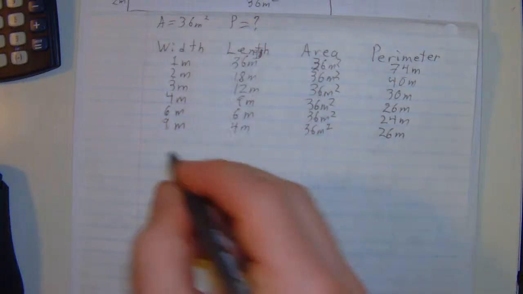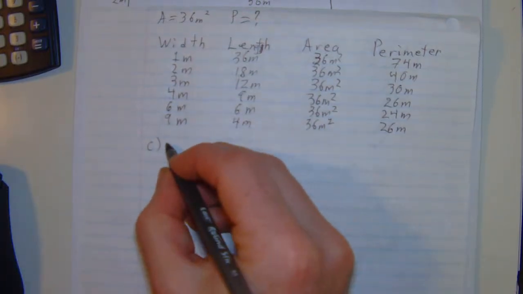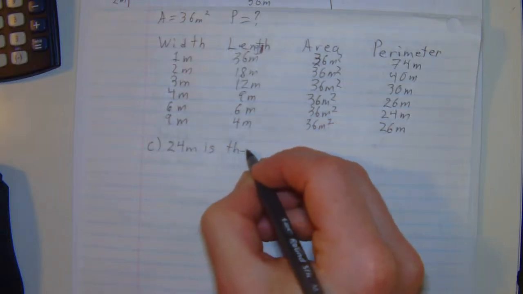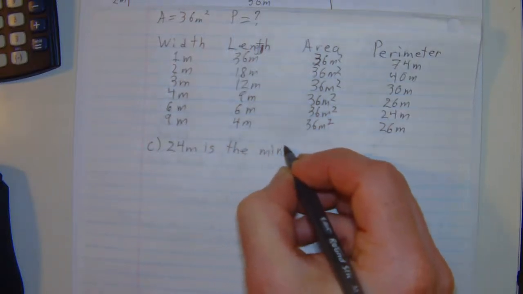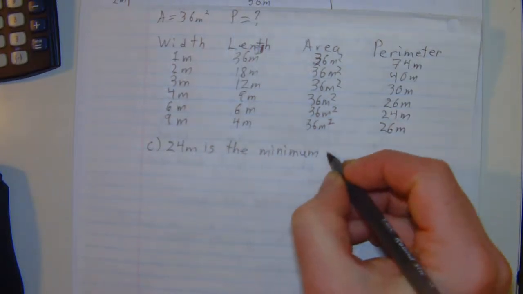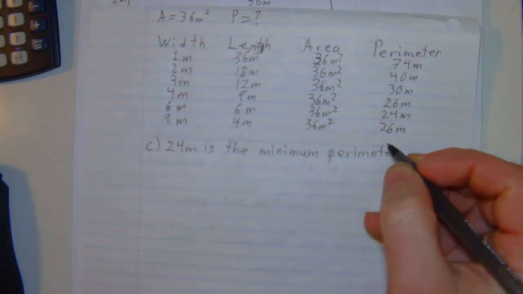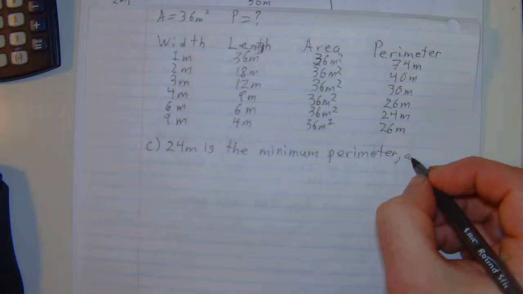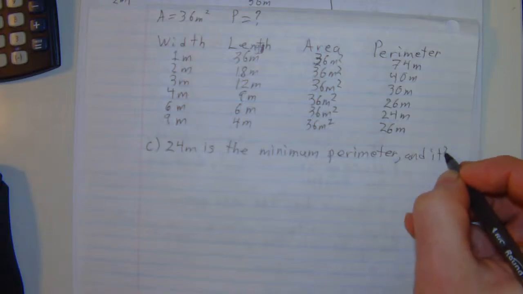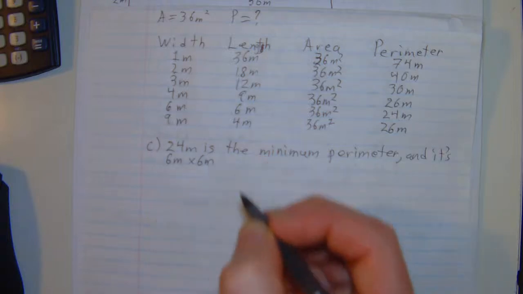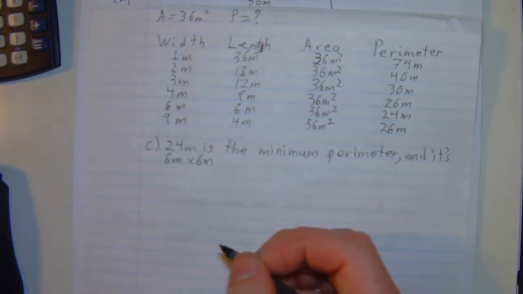All right, so now if we start answering the questions, C, 24 meters is the minimum perimeter, smallest amount of fencing, smallest perimeter. And it's 6 meters by 6 meters to get us 36 meters squared.